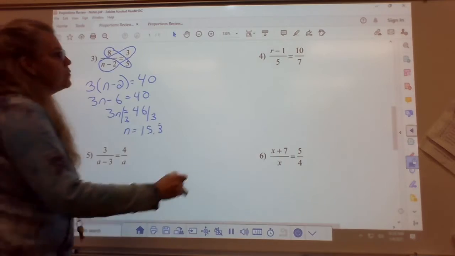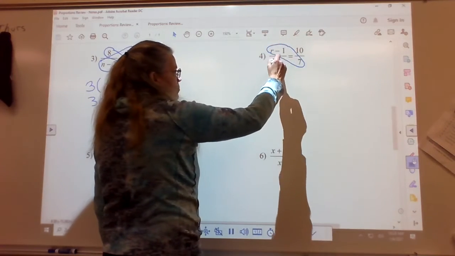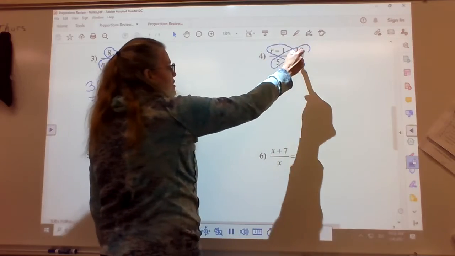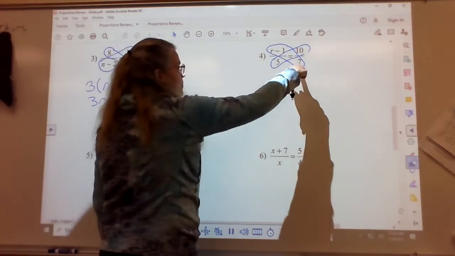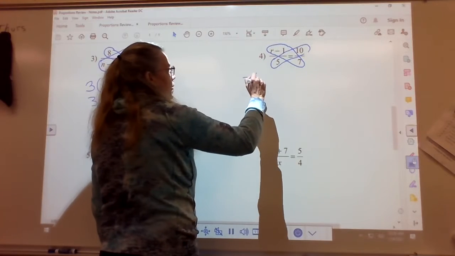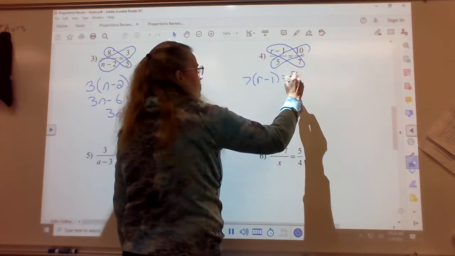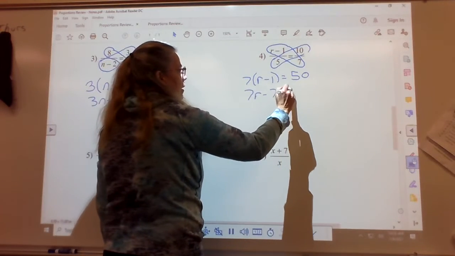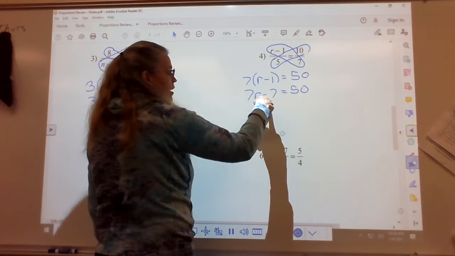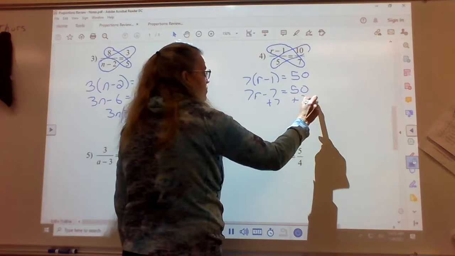Number 4 is the same way. Multiply the diagonals. I always like to start with the diagonal that has the variable. So we're going to take 7 times r minus 1 equals 10 times 5. Distribute the 7. Now I can add the 7, by doing the opposite to get rid of it, to move it.